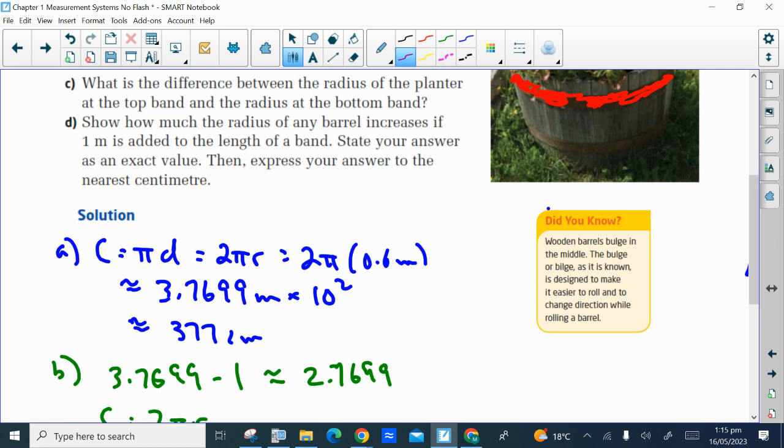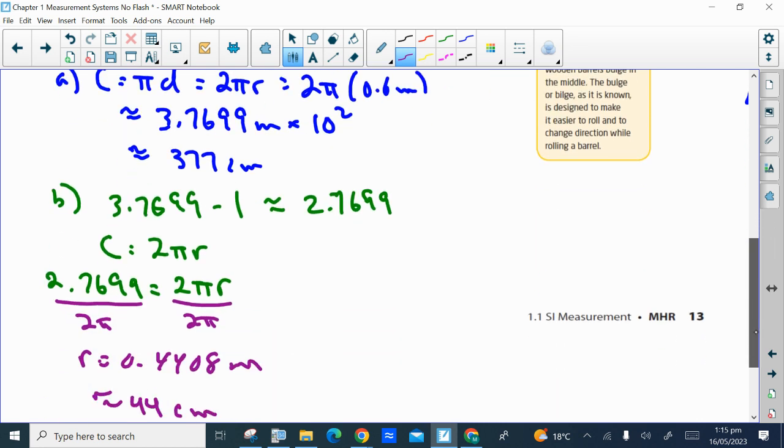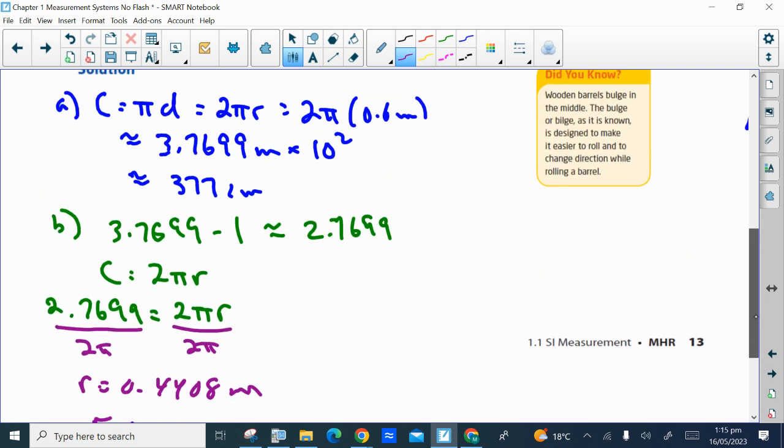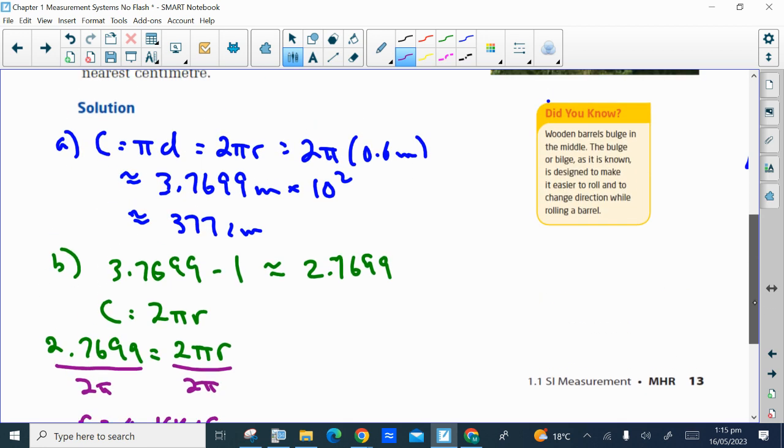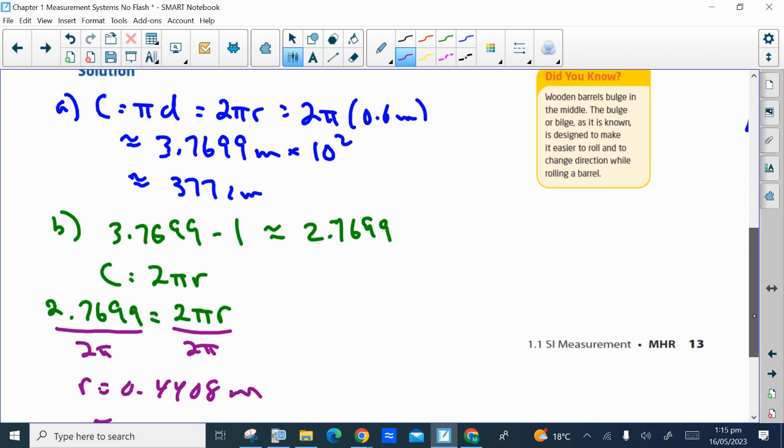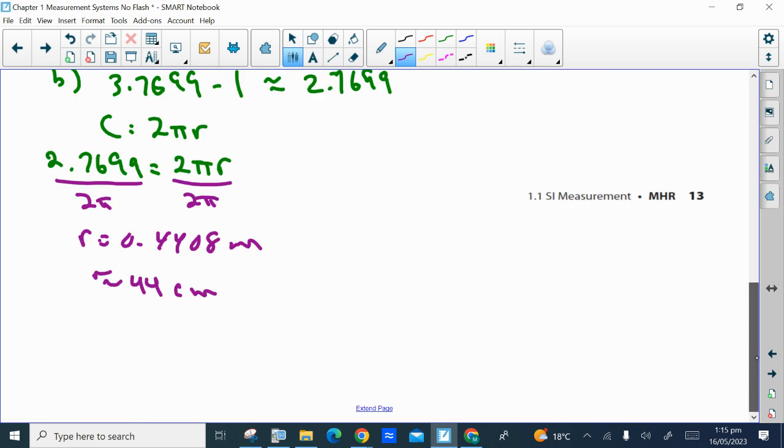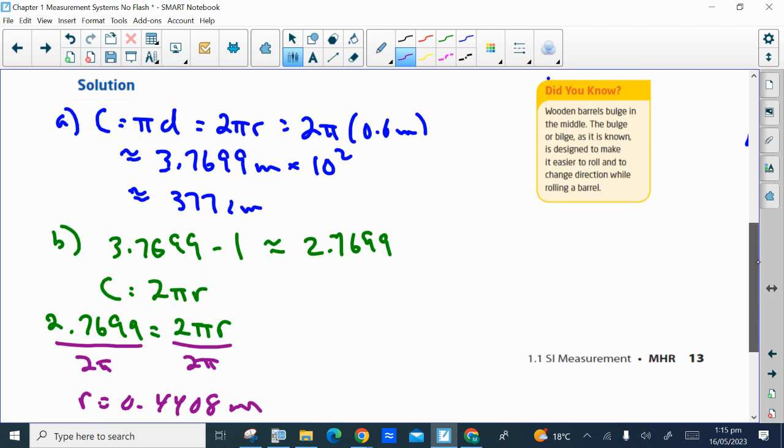What is the difference between the radius of the planter at the top and the radius at the bottom? So we need to subtract these two. Our radius at the top was 0.6 of a meter, which is 60 centimeters, minus the 44 centimeters.